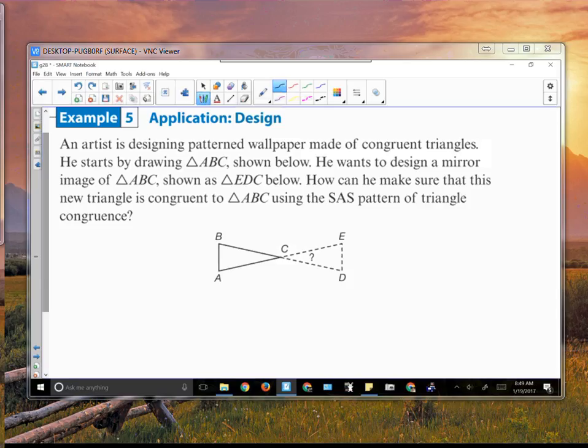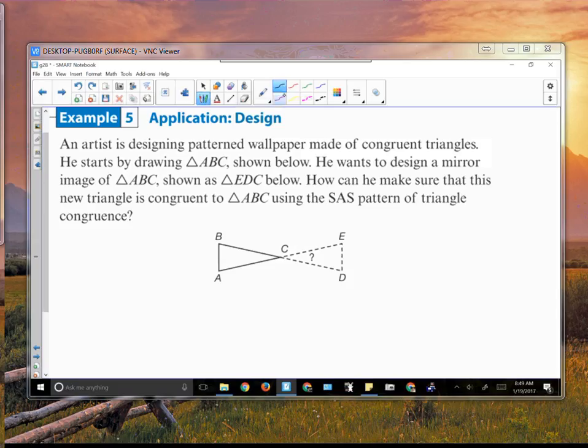Okay, so what would I use to make sure that something was the same as the next? Okay, why would you want to use a ruler? Exactly correct. So would I want to make sure that the measure from A to C was the same as from C to E? Would I want that to be true?